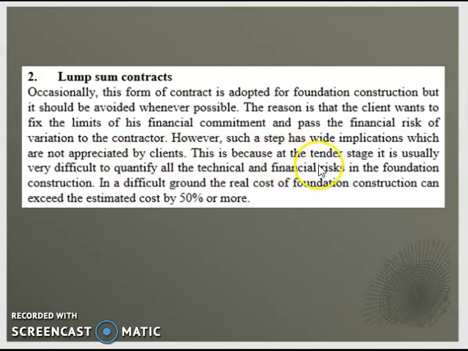This is because at the tender stage, it is usually very difficult to quantify all the technical and financial risk in the foundation construction. So in difficult ground, the real foundation cost of construction can actually exceed the estimated cost by 50% or more. And in the end, the contractor may not have the money to carry out the work, so he is going to have a problem trying to do good quality work. And if the work is of bad quality, then you can get possible foundation failures.